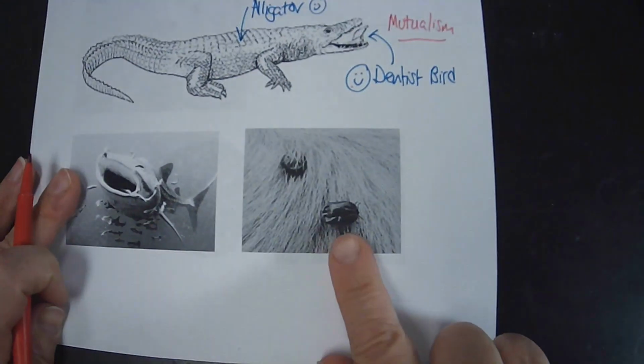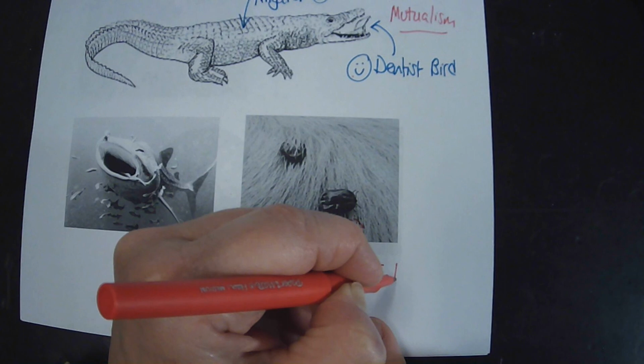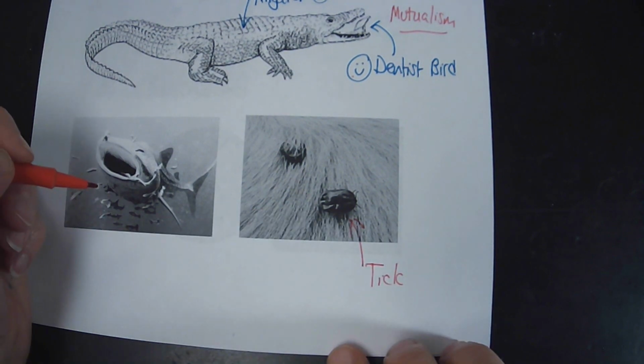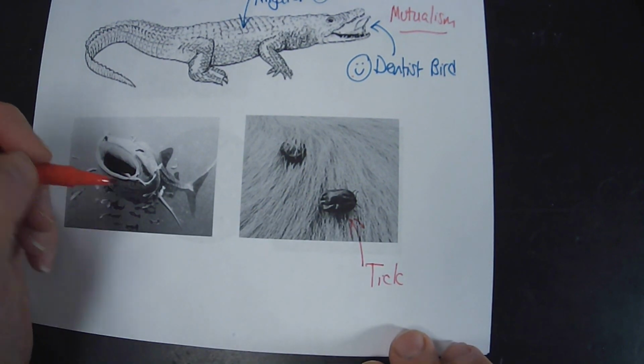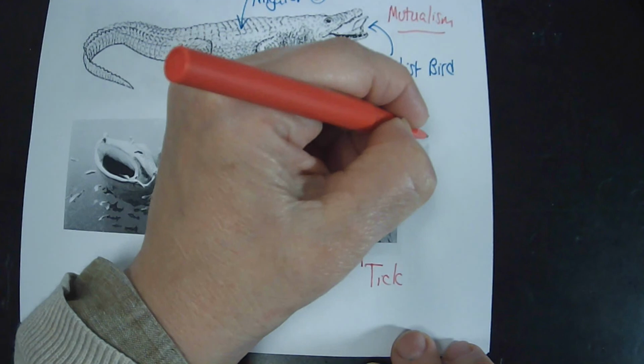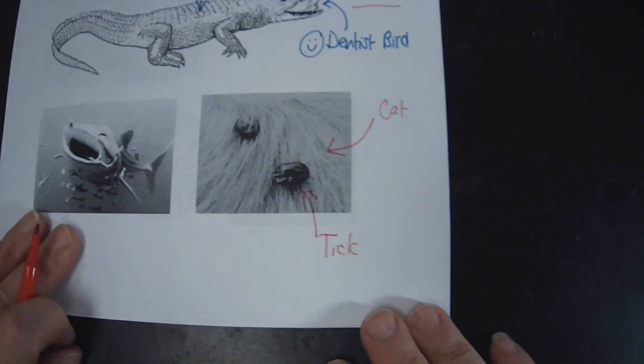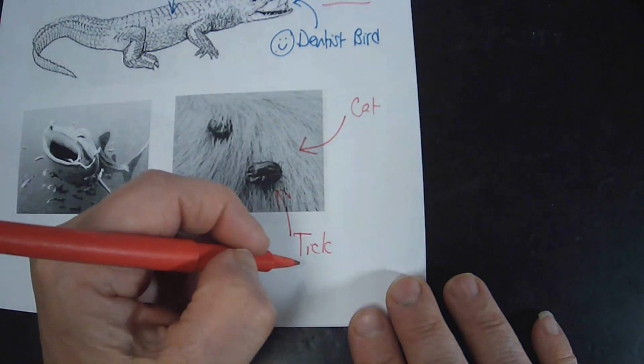Down here, we have ticks. Ticks are not good news for dogs, cats, or any other animal that gets them, including humans, because they can carry disease. The tick will suck the blood of the animal that it's attached to and deprive that animal of the good stuff that's in the blood.